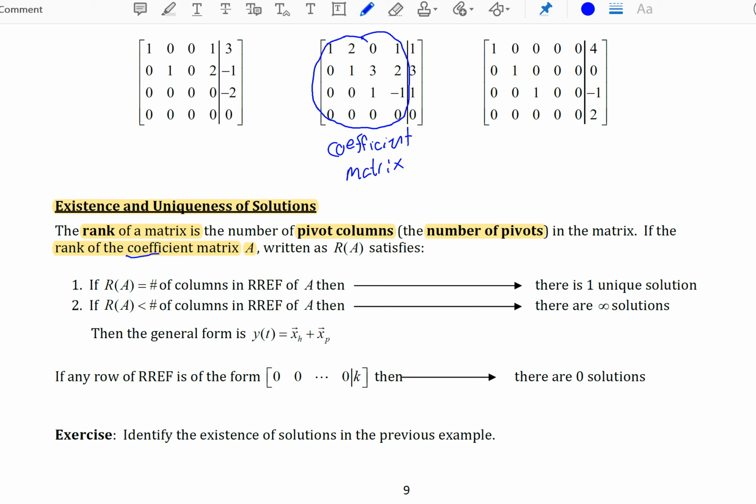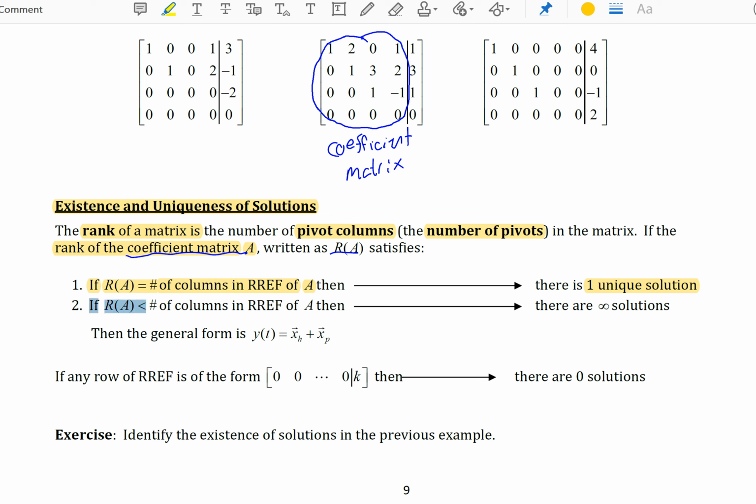So if the rank of the coefficient matrix A, written as R of A, satisfies any of the following: if the rank of A is equal to the number of the pivot columns in the RREF of A, then there is going to be one unique solution.